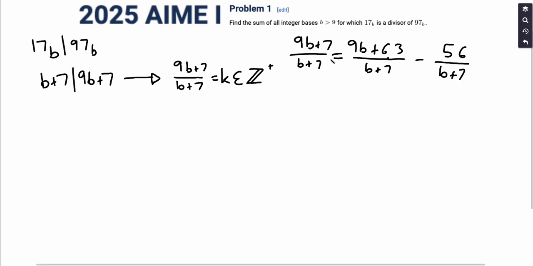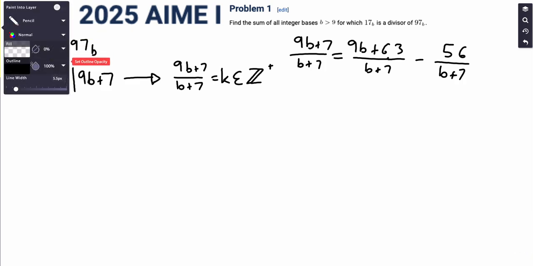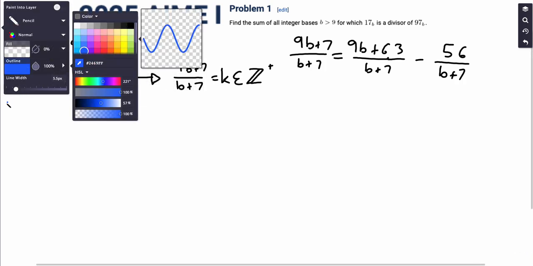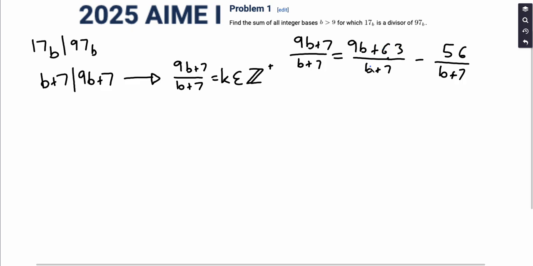And so what this does is now we have a fraction that is equal to an integer. 9b plus 63 over b plus 7, this is equal to 9. And so in order for 9 minus 56 over b plus 7 to be a positive integer, given that 9 is already a positive integer, we just need 56 over b plus 7 to be a positive integer.